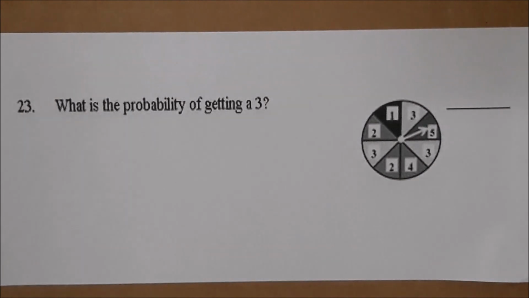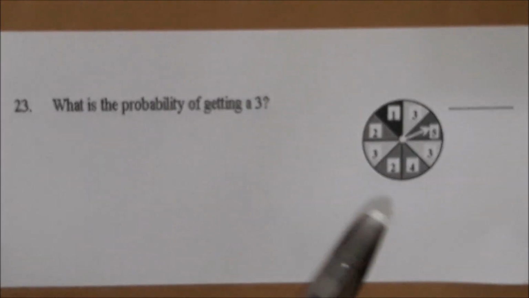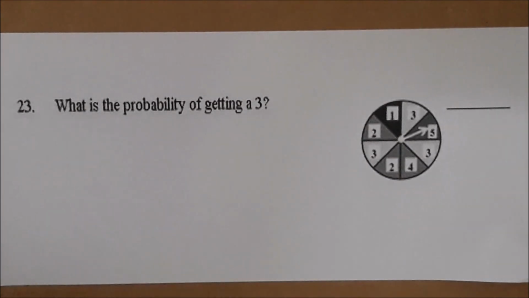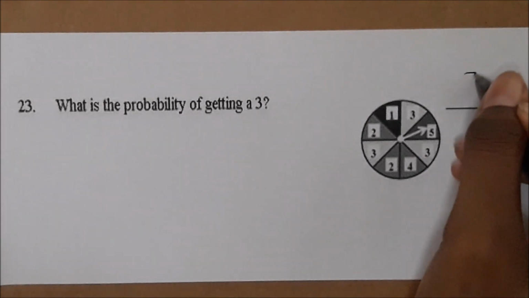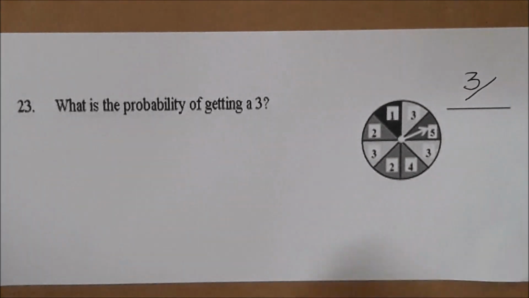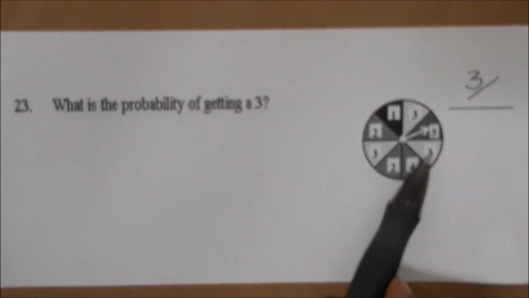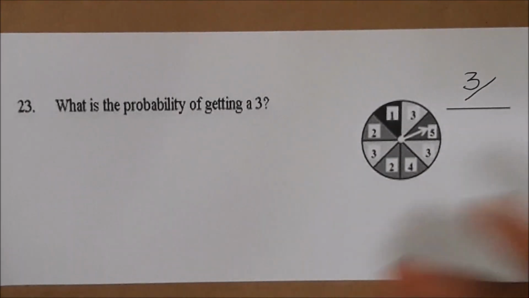How would you write the probability as a fraction for getting a 3? The numerator would be how many 3s there are, and the denominator would be all the numbers on the wheel. Okay, write the fraction. 3 over 1, 2, 3, 4, 5, 6, 7, 8.